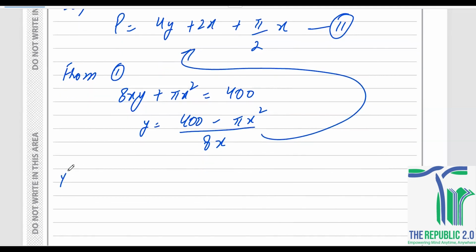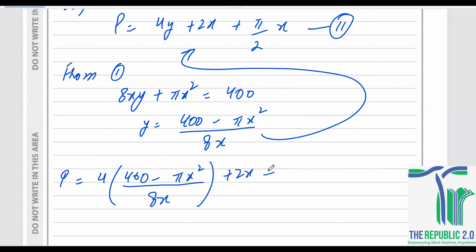So you would have perimeter P = 4 times (400 − πx²) divided by 8x, plus 2x, plus (π/2)x.